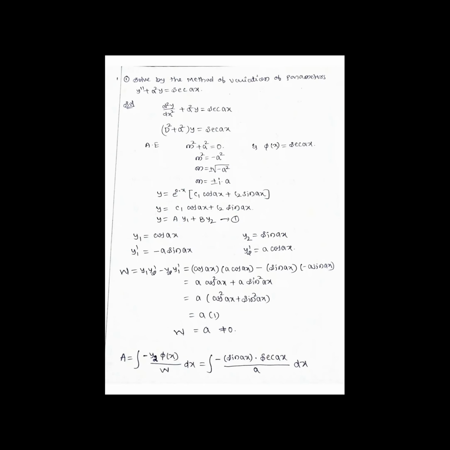So here y1 is cos ax, y2 is sin ax. So y1 dash: what is the differentiation of cos? Minus a into sin ax. y2 dash: what is the differentiation of sin? a into cos ax. Therefore, the Wronskian will be given by y1 y2 dash minus y2 y1 dash.